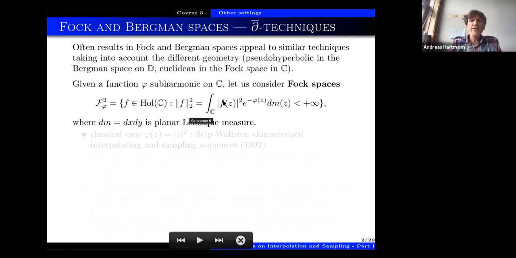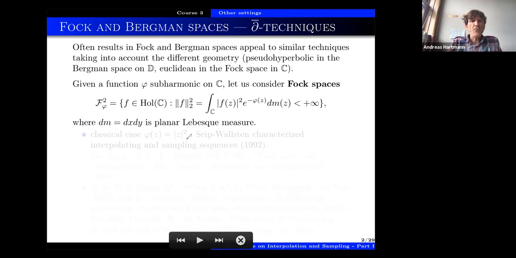And then we want this integral to converge against this weighted Lebesgue measure. Of course, you could also consider other p's, but again, I will stay in the p equals 2 situation, though probably for the D-bar techniques, this is not very relevant. So again, as I said, the measure here is planar Lebesgue measure.